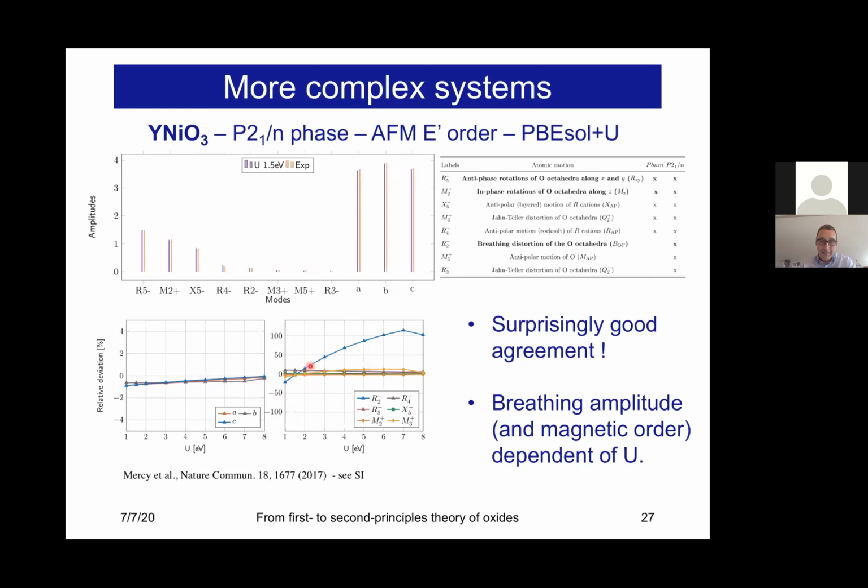You see that in this regime here, all the distortions are properly described. If now you increase the U, you see that the breathing distortion in this material will be strongly affected, and it can be overestimated by 100% if we don't use the right U.